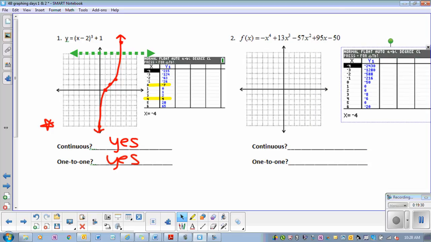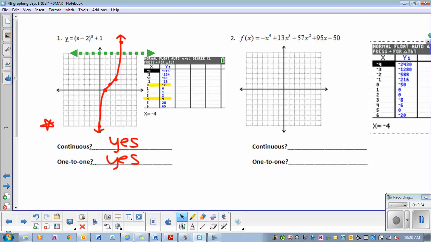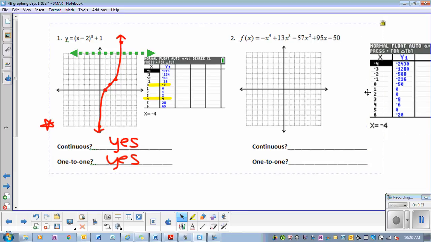So I'm going to bring my points over. There we go. And really, the only points I can actually use here, 1, 0 to maybe 5, 0, right? So let's graph those.